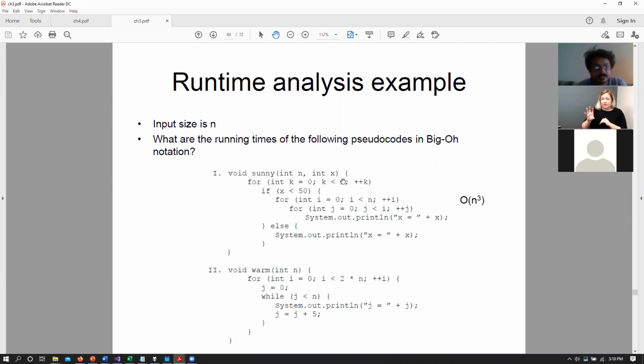Whenever we have an x that is less than 50, our best case comes up, that is big O of n, or big omega of n. Yes, perfect. Any other questions? Nope. Okay.